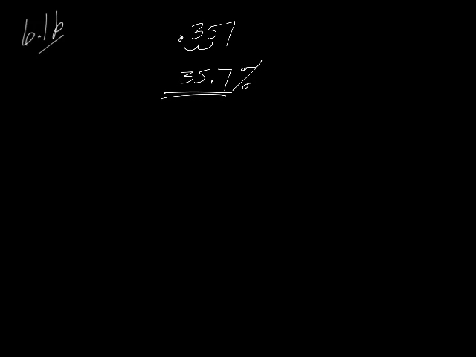That means they hit 35.7 pitches out of every 100. So it gives you an idea that when a batting average is written as a decimal, you can change it by moving the decimal place over 2 to find out the percentage of balls they hit out of 100.